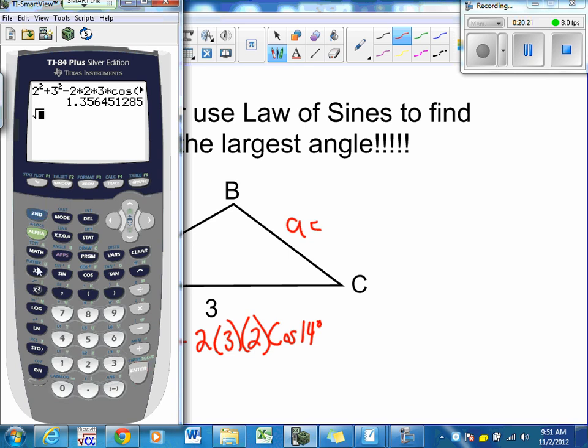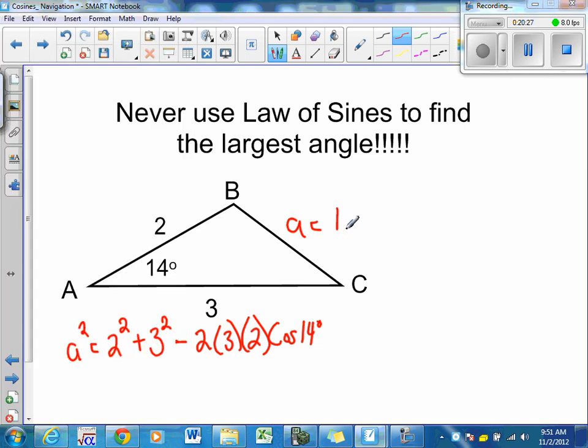And then I do the square root of that. Get 1.165.